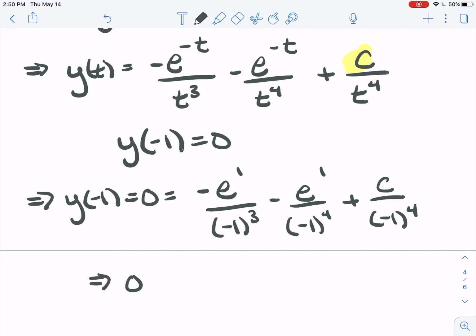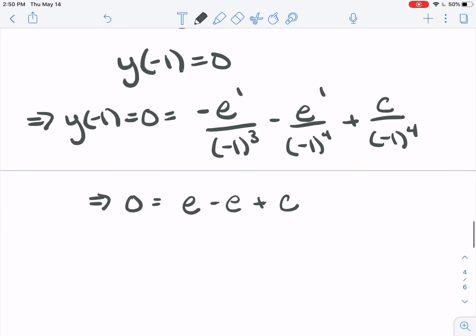So what does that look like? That's 0 equals e minus e plus c. I think so. When we simplify it, that's what we get out of this. And that means in this case c ends up being 0, which is great.